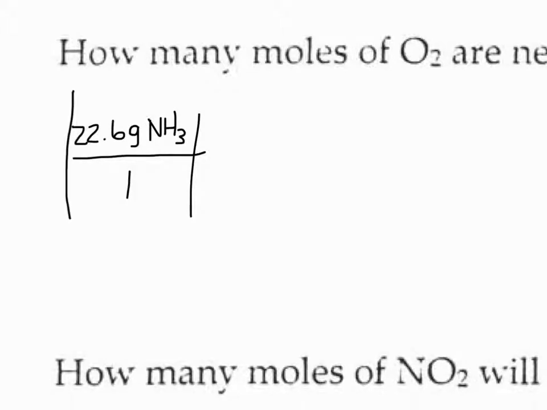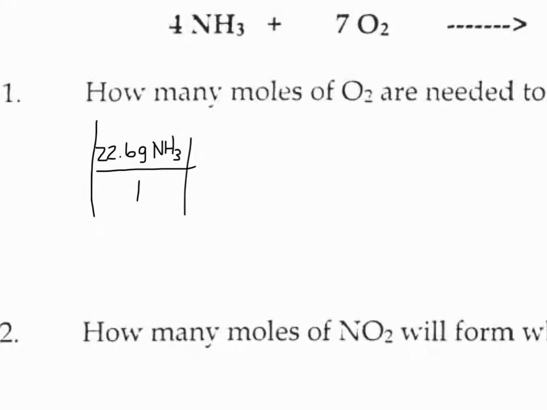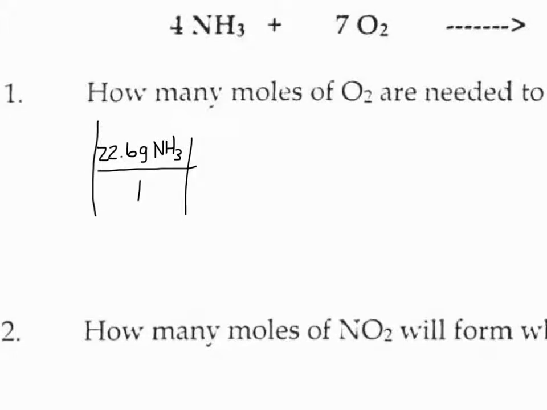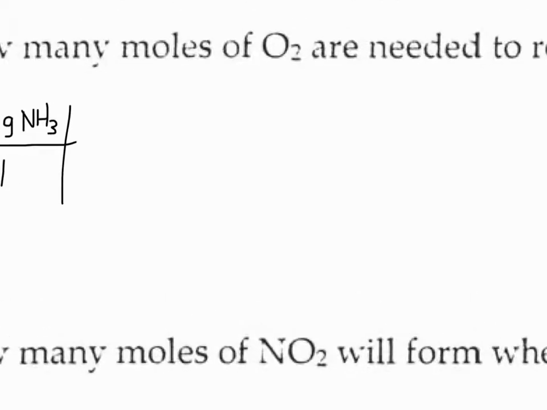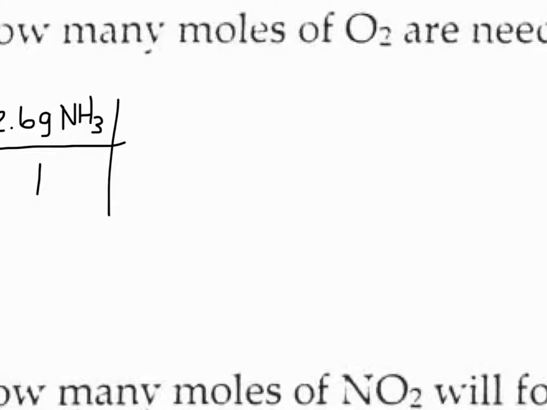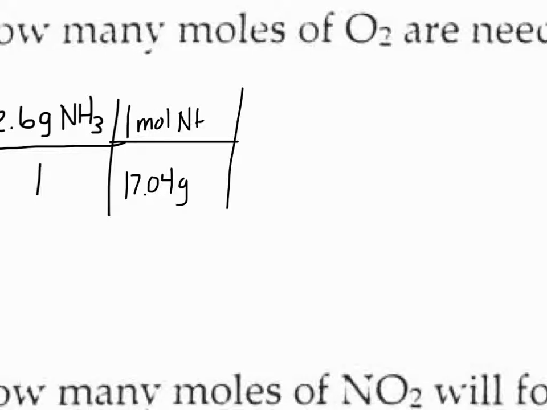And then the next step is to always convert to moles. And to do that, we divide by the molar mass. So molar mass for ammonia is 17.04 grams in 1 mole of NH3.